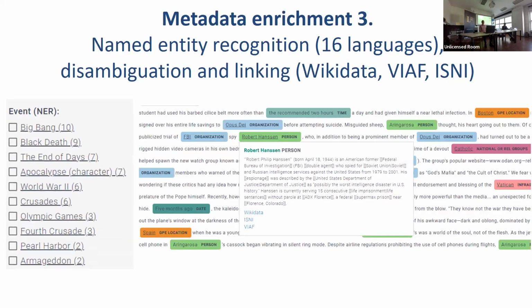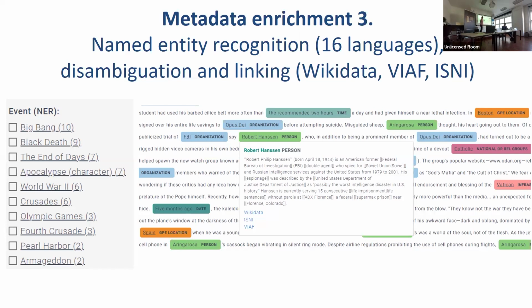The third type of enrichment related to textual analysis is named entity recognition. AVOBMAT can identify named entities such as persons, organizations, events, and dates in 16 languages. And in 5 languages, it disambiguates these named entities and links them to Wikidata, VIAF, and ISNI. You can see as an example here that this is the full text view.